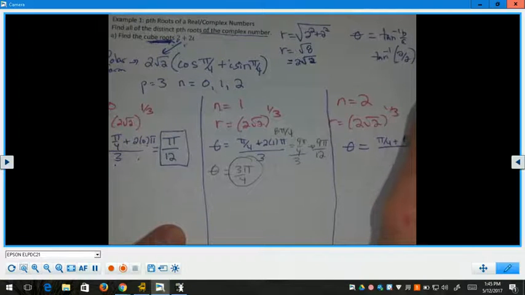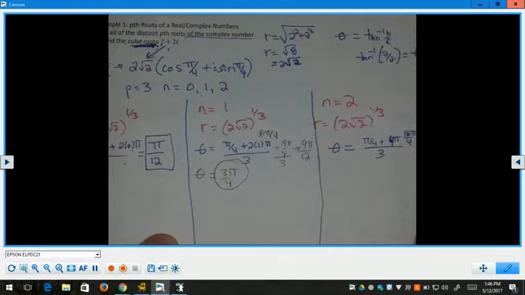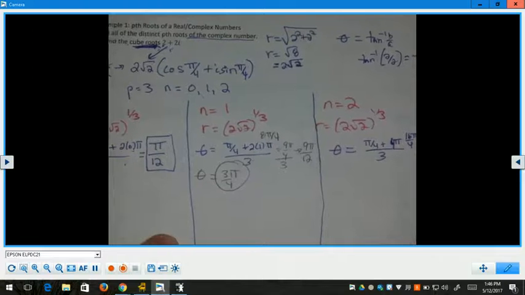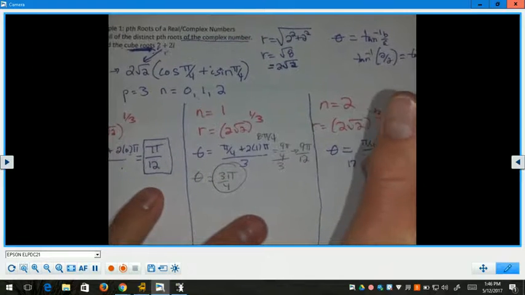It's 2 plus 4 pi over 3. So this is going to be 16 pi over 4, which becomes 17 pi over 4, which, when I divide by 3, becomes 17 pi over 12. Any questions on how we got that?